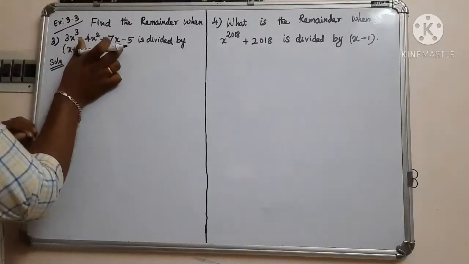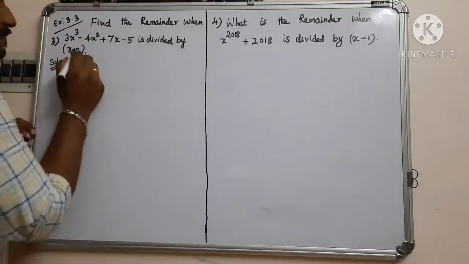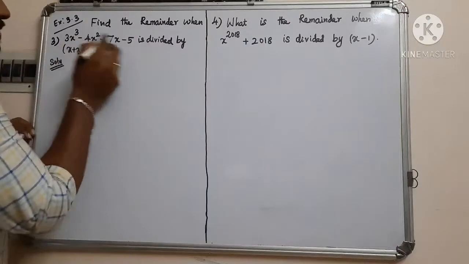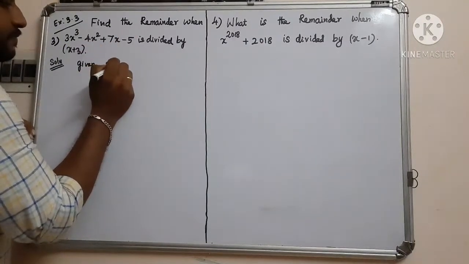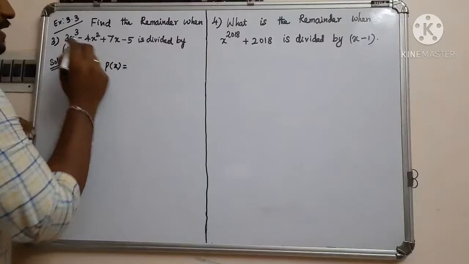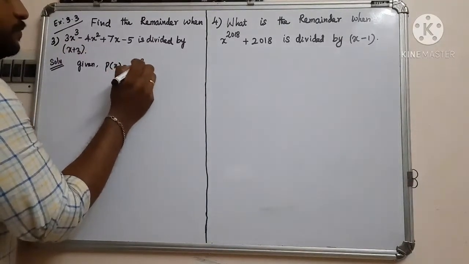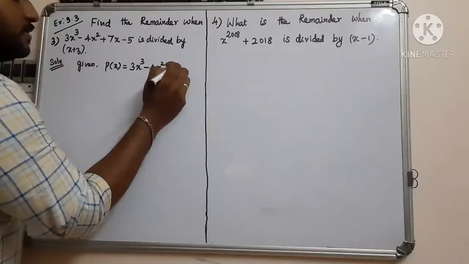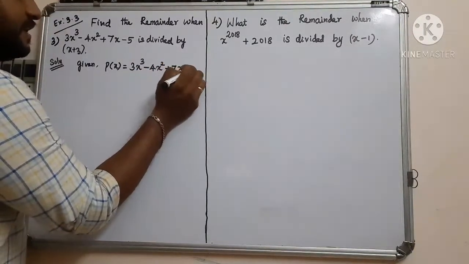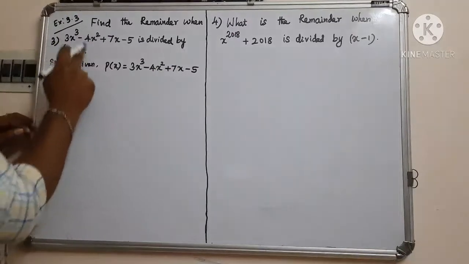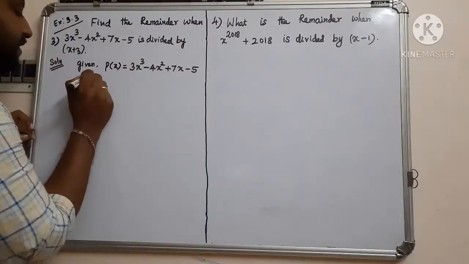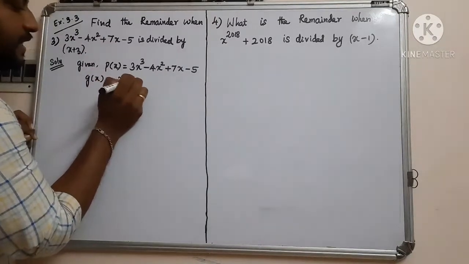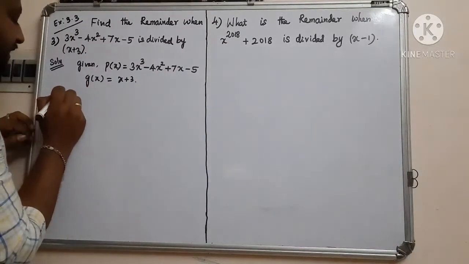First of all, the given polynomial, the first one, should be taken as p of x, which is equal to 3x cube minus 4x square plus 7x minus 5. Then the second polynomial should be taken as g of x. So g of x is equal to x plus 3.